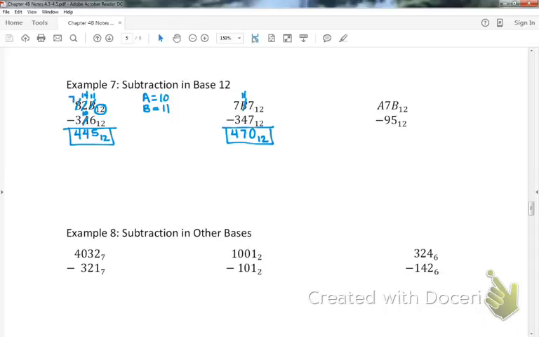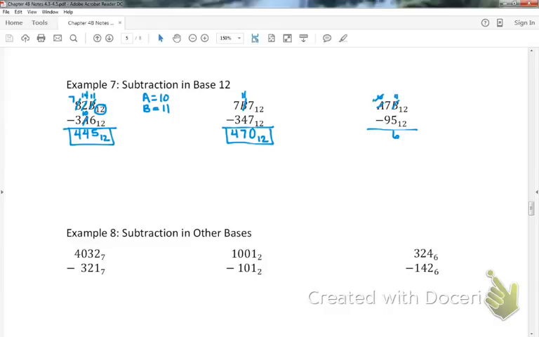Now if we look at this last one in base 12, again, it might be helpful to rewrite that B is really 11, A is really 10. If that helps you to have those notations in there, then by all means do that. Okay, so now what I have is 11 minus 5. 11 minus 5 is just 6. If we look at the next column over, I can't subtract 9 from 7. So I'm going to borrow.